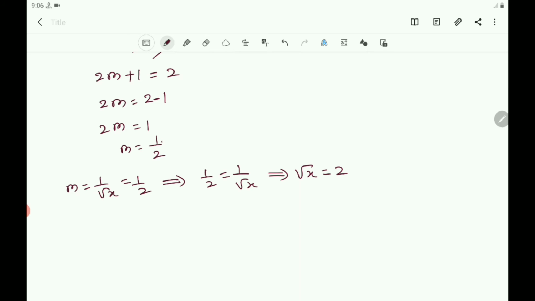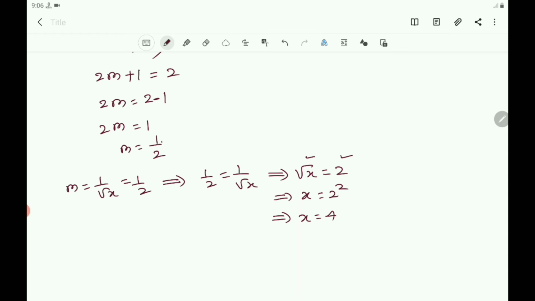Take the square to cancel the root, so you take the square of 2 on the RHS. So x equals 2 square, that implies x equals 4.